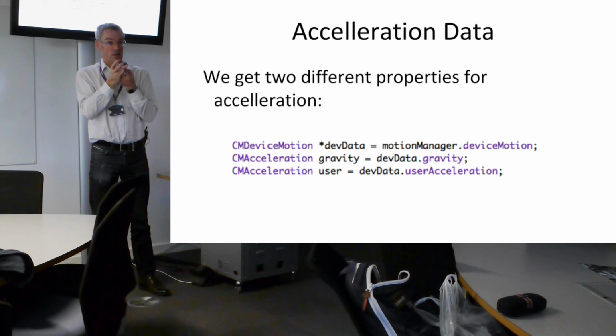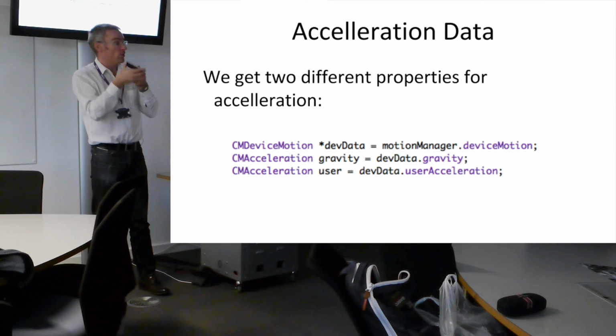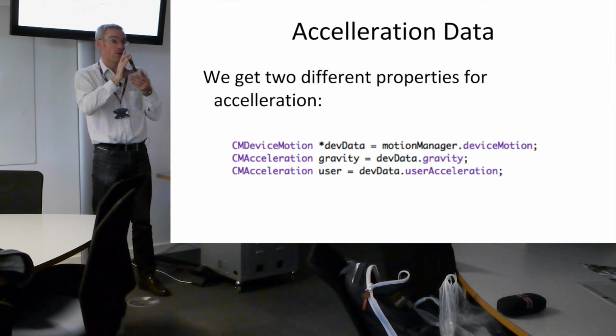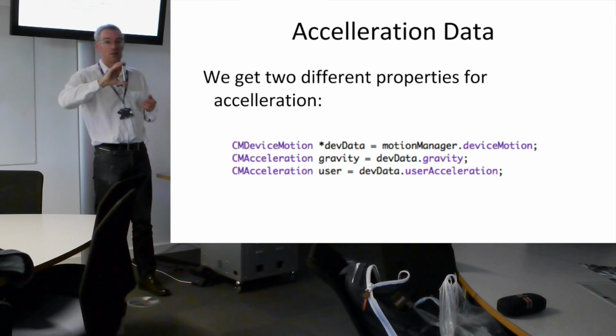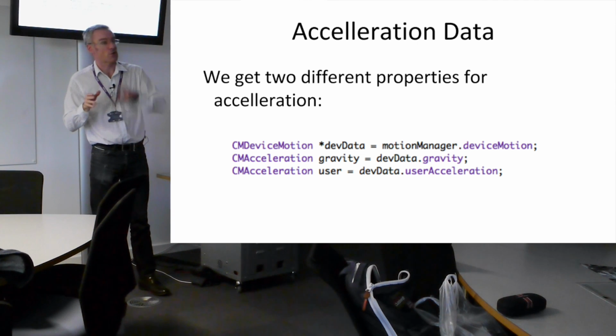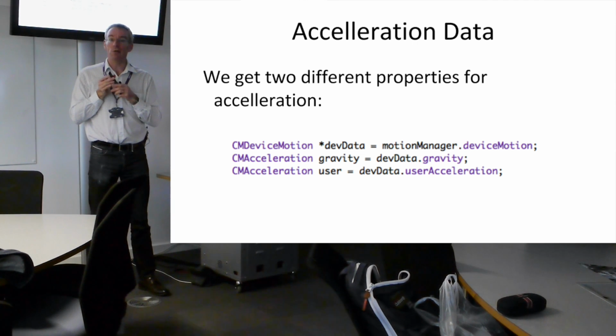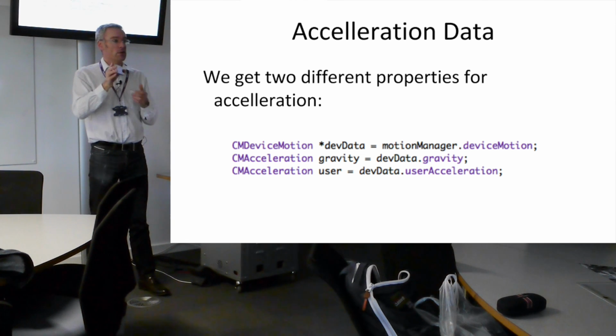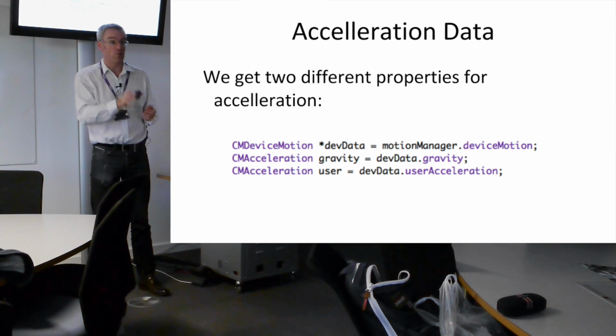So what it does is remove the gravitational effect on the accelerometer data for you. So you can now measure how fast things are moving in all the axes without worrying at all about the gravitational effect. So suddenly you can now use those movements more usefully.